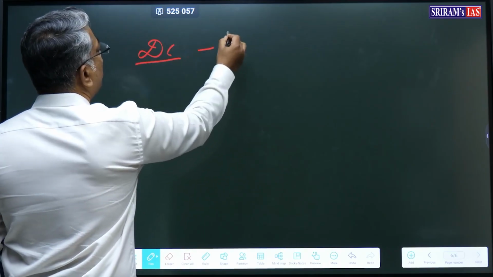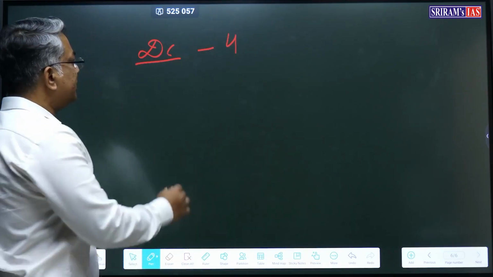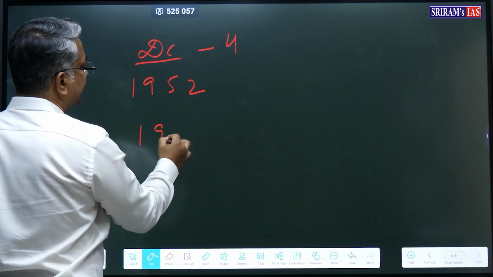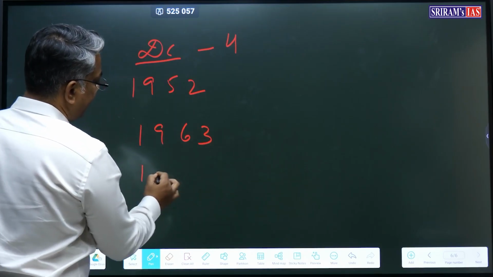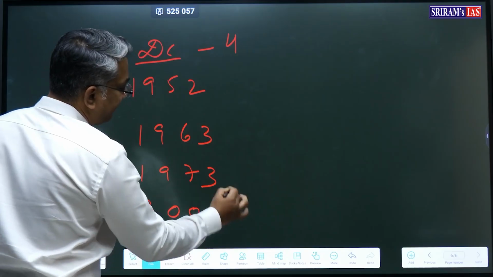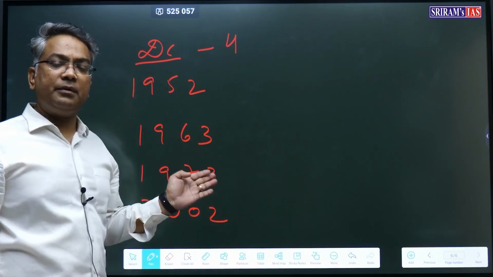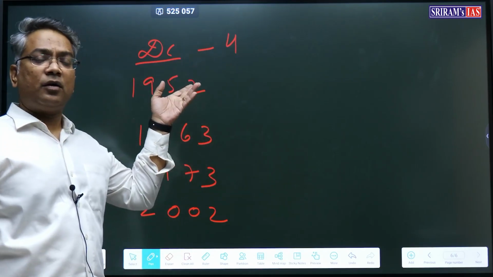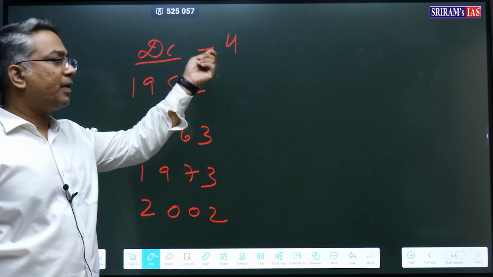So far 4 delimitation commissions have been established, in the years 1952, 1963, 1973 and 2002. Okay, as you already understood, they have been created by an Act of Parliament.